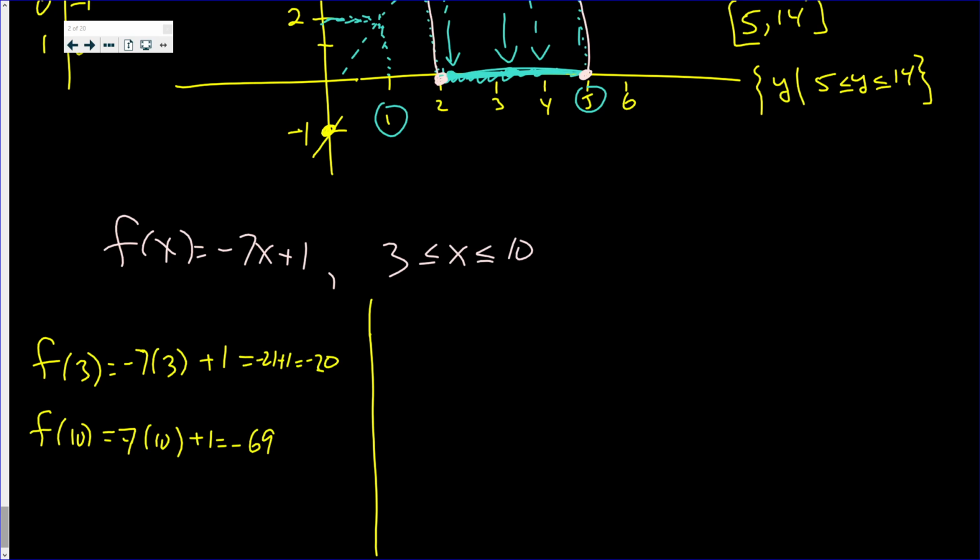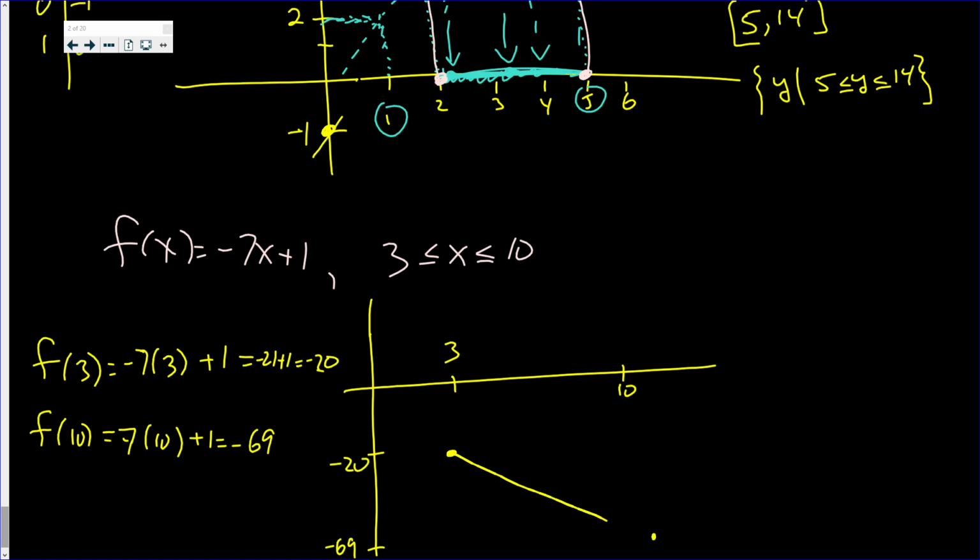Okay. So when x is 3, I go down to negative 20, and when x is 10, I go down to negative 69.